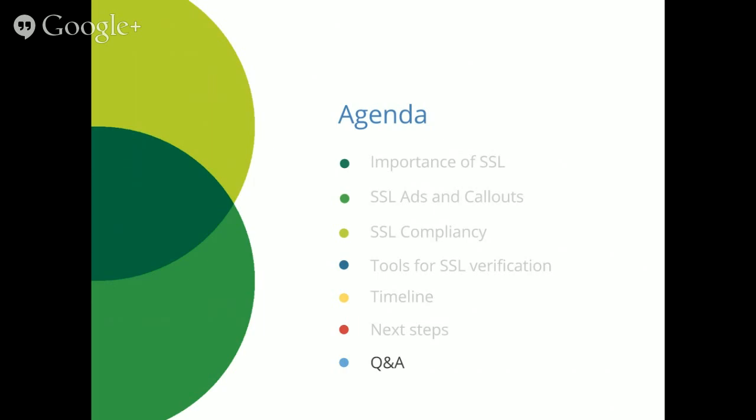Until that rescan happens after the creative has been updated, we may not recognize that it's been changed to include the secure version of that pixel. So if you do need a creative rescanned because it has now been updated to be SSL compliant, what you can always do is resubmit that creative through the REST API, and that should trigger a rescan of the creative.